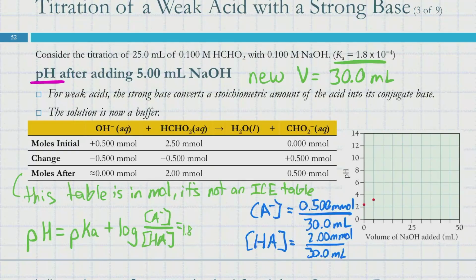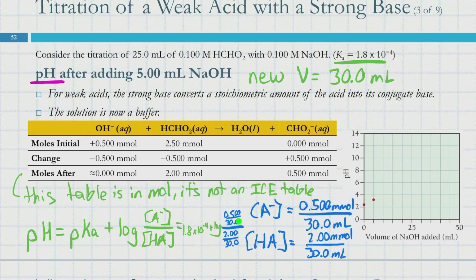So 1.8 times 10 to the minus 4 plus log, and the A minus is 0.500 over 30. The HA is 2.00, also over 30.